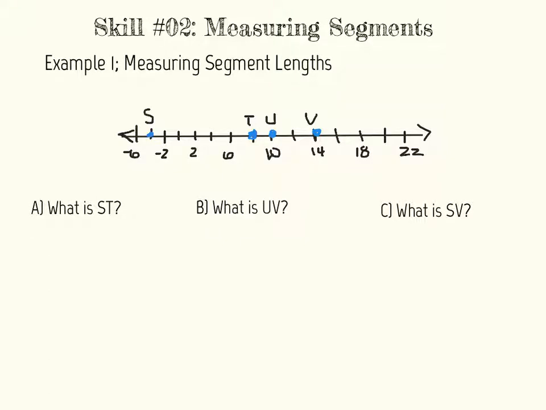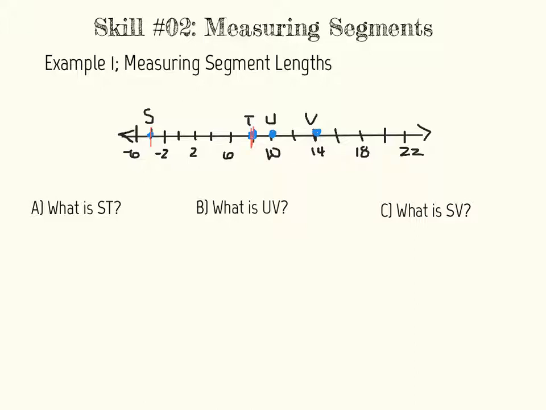Skill 2, Measuring Segments. Example 1, we're going to just measure the length of certain segments. The first one, we want to find what is ST. So to do that, we are going to find the absolute value from the first point to the second point.